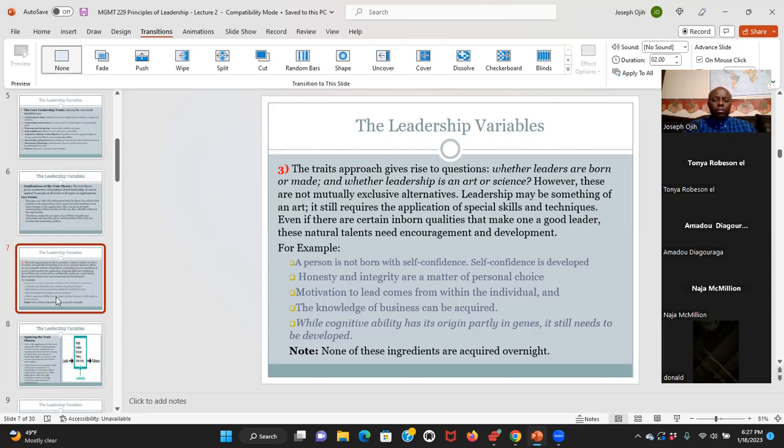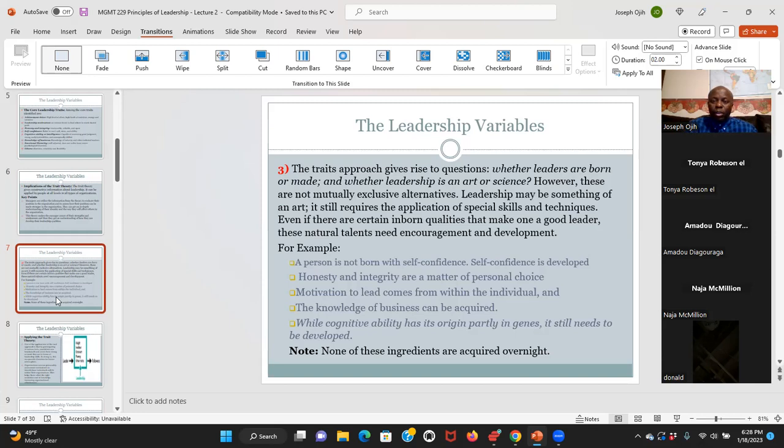Now, in general, it is possible for one to have some natural ability that will make him or her a good leader. It is also equally possible for one to learn the skills of leaders, the skills that will make him a good leader.